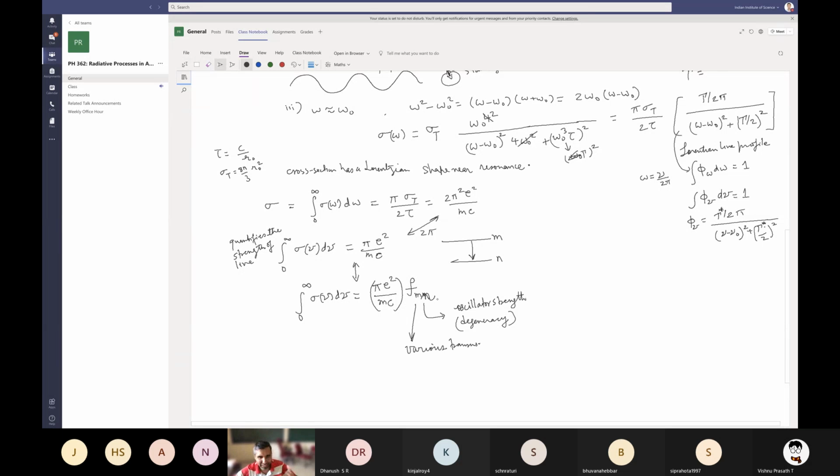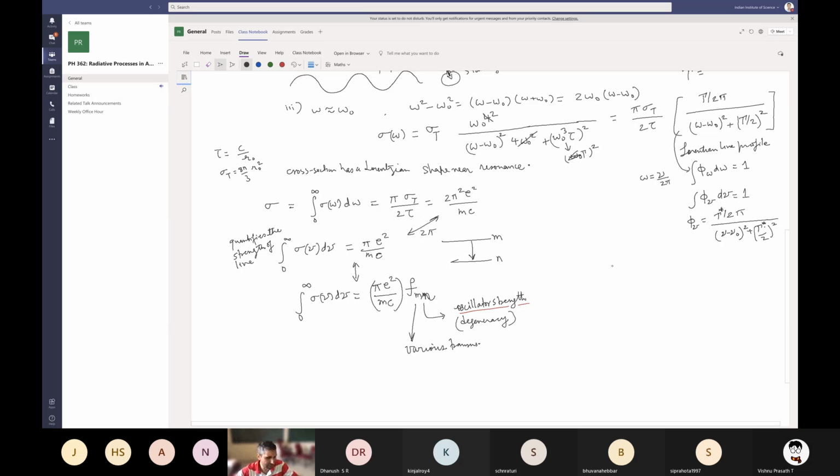What you need for your purposes is this oscillator strength. So that's why it's important to know this harmonic oscillator model for line formation.